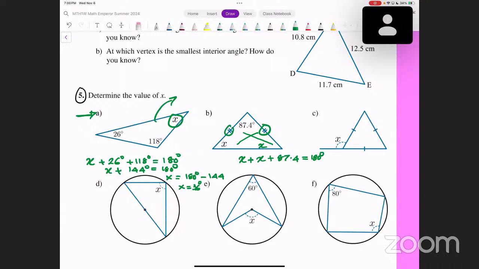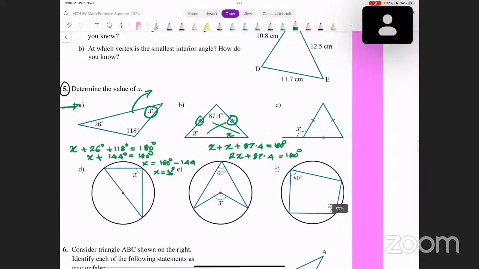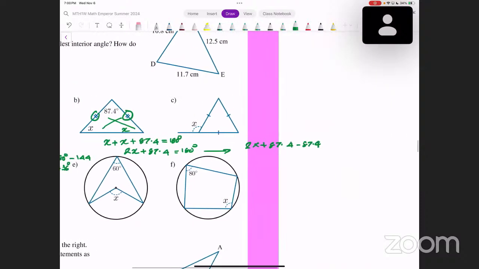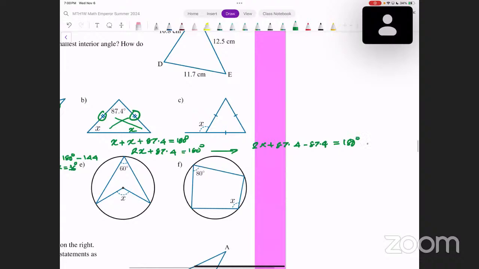So 2x plus 87.4 equals 180. You see the whole idea why we learned solving equations. 2x plus 87.4 minus 87.4 is equal to 180 minus 87.4. Therefore 2x is equal to 92.6. So what is x? 92.6 divided by 2 gives you 46.3.